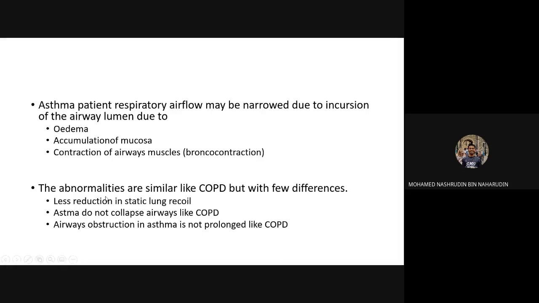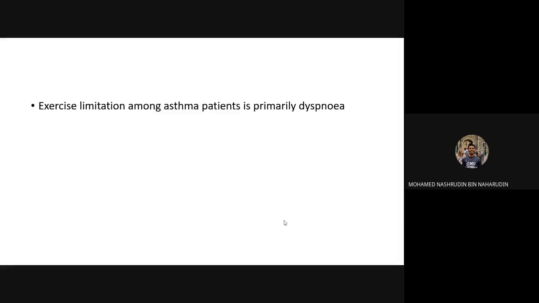And then for asthma patients, airway obstruction is not prolonged like COPD, meaning that it will quickly relax in due time. Exercise limitation among asthma patients is primarily dyspnea, meaning shortness of breath.